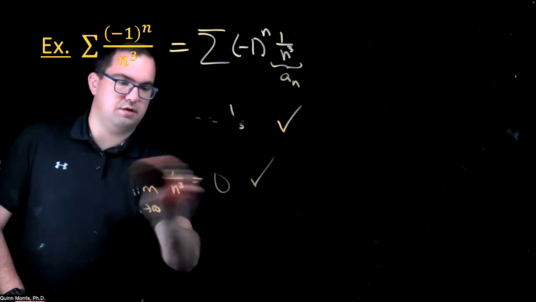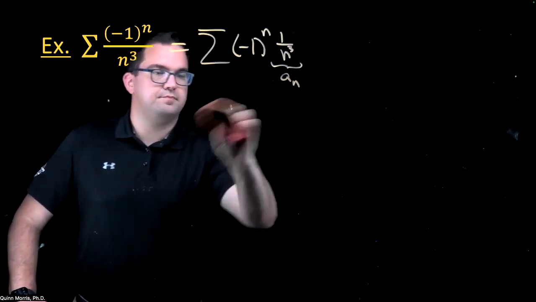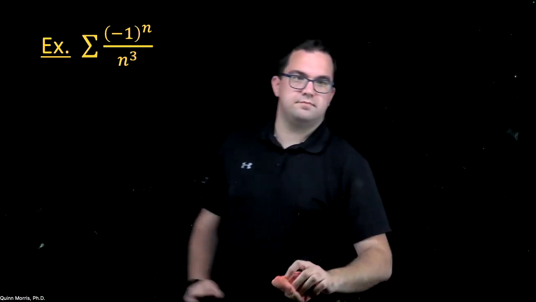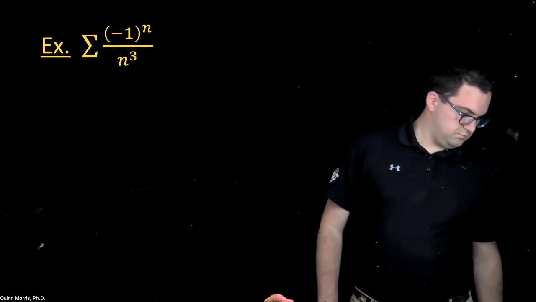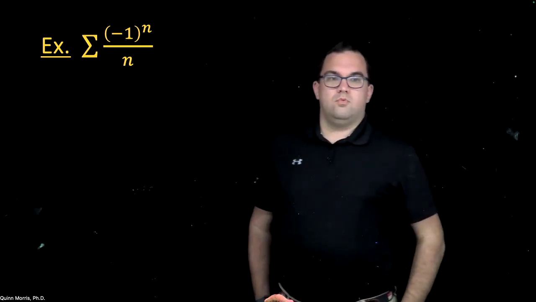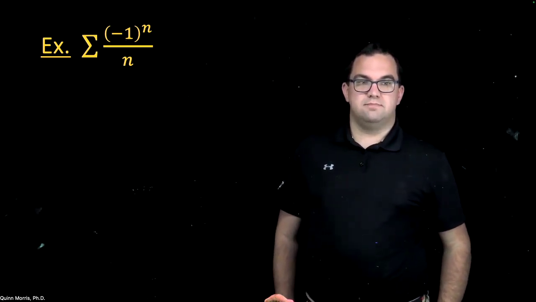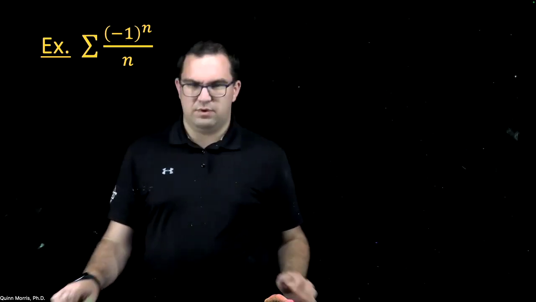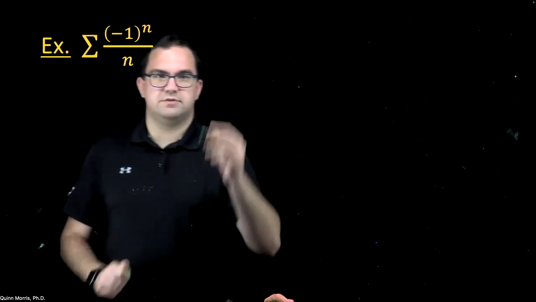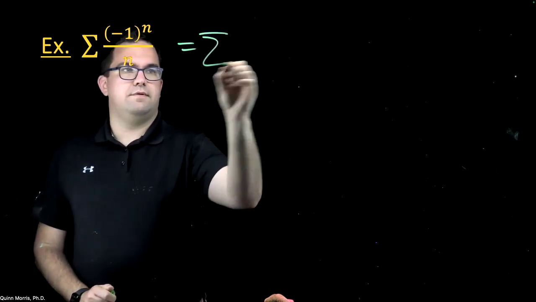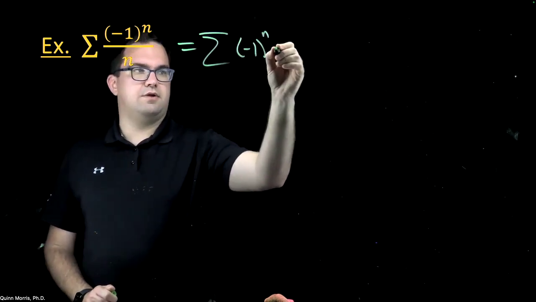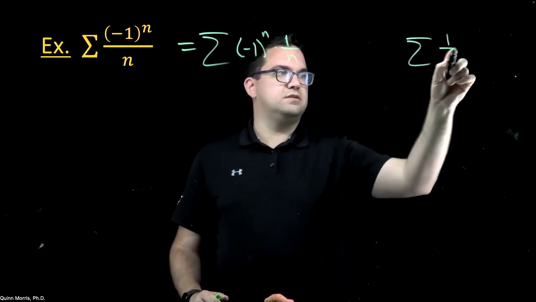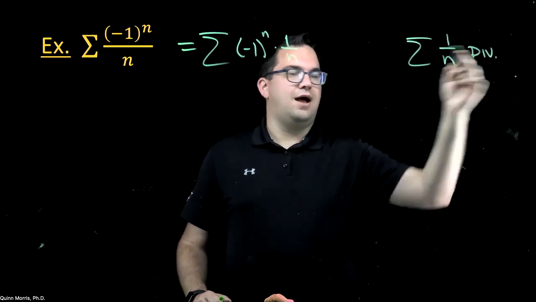Let's look at another example. What about the alternating series minus 1 to the n over n? Now, you may be thinking, if I split this up, I think about minus 1 to the n times 1 over n, and you might be thinking, oh no, I know that this diverges.